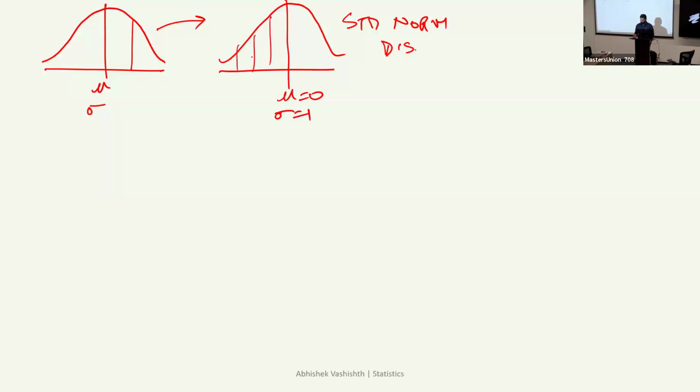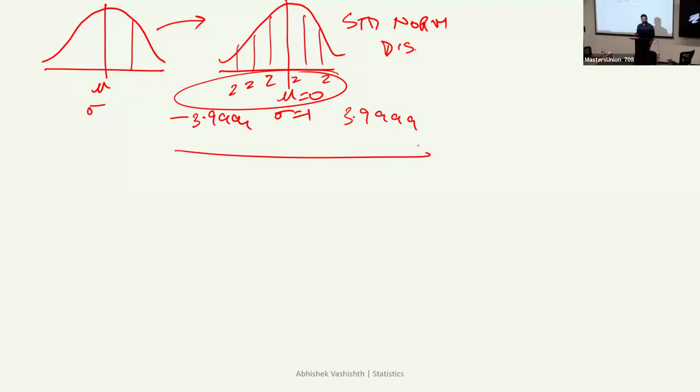And I have a table which tells me the value at all these points. I have a table with z values. I can look at the z table and find the probability at that particular point. It starts from z equals minus 3.9999999 and goes up to 3.999999 on the positive side.